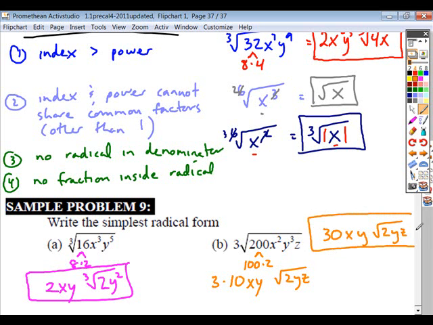Okay, am I done? Or do I need to consider absolute values? Our index is even, so I do have to consider absolute values, so let's test it and see. In our original form, can x be a negative? If x is negative, we're going to square it, and so it becomes a positive. So yeah, x can be a negative.